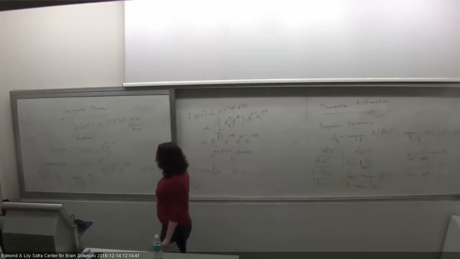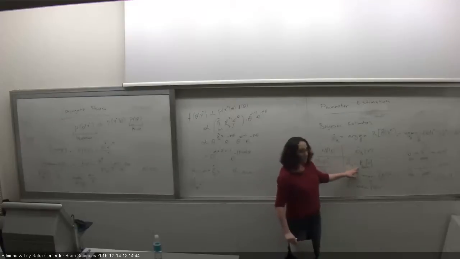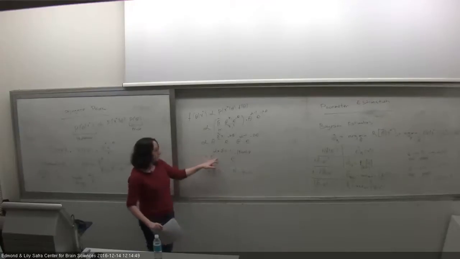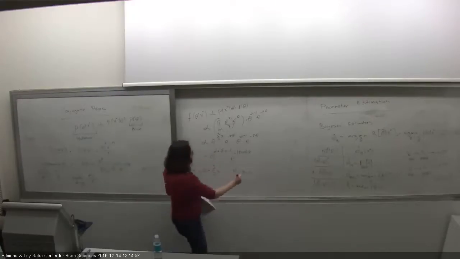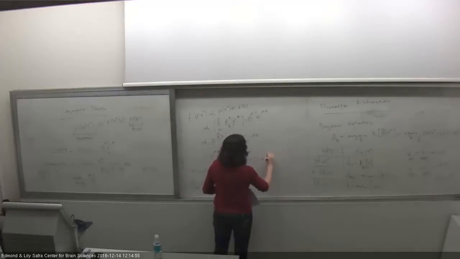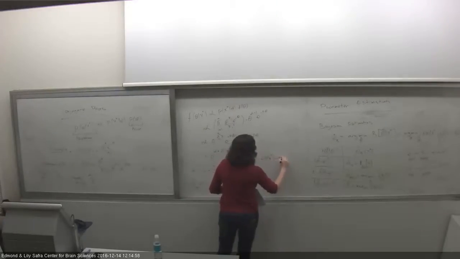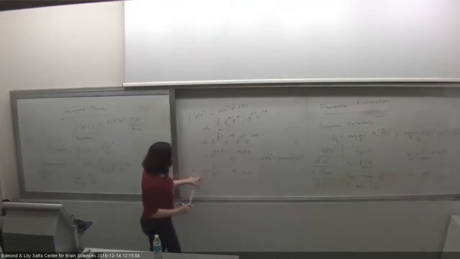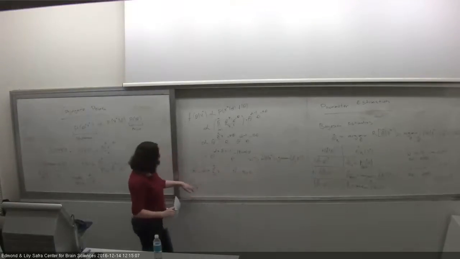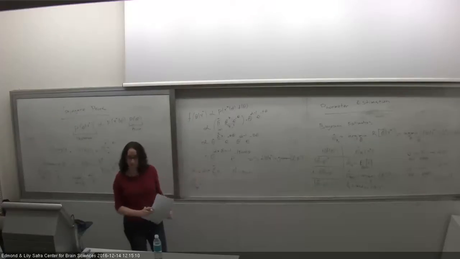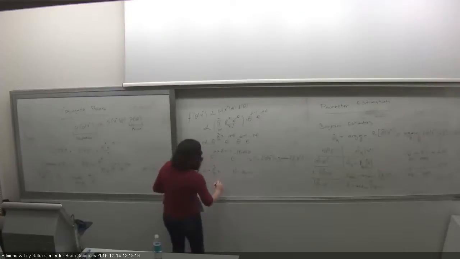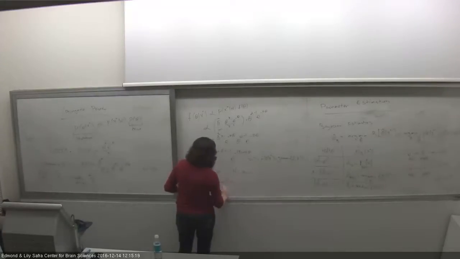The L2 estimator is the expected value according to the posterior distribution. So the posterior f of theta given xn is gamma with alpha prime and beta prime. The L2 estimator is the expected value according to this posterior, which is alpha prime divided by beta prime, which is alpha plus the sum of xi divided by beta plus n.